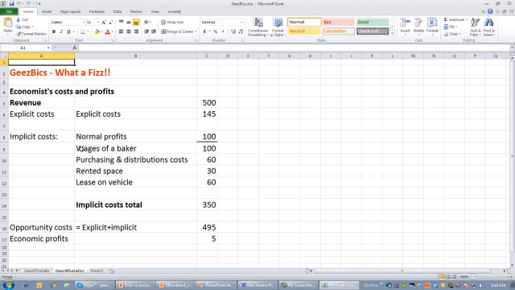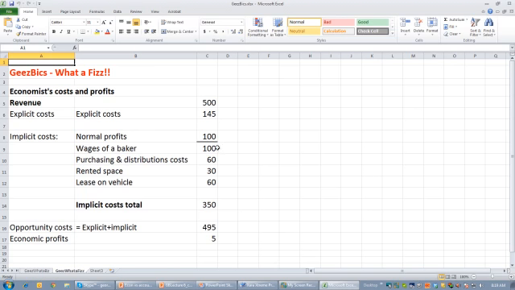An important implicit cost is the cost that I incur by baking these biscuits in terms of what I could do with the time, not only actually baking them, but also going off and purchasing all the ingredients and distributing the biscuits. So let's say I estimate my time to be worth $100.